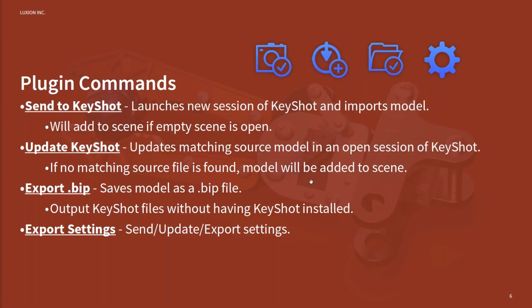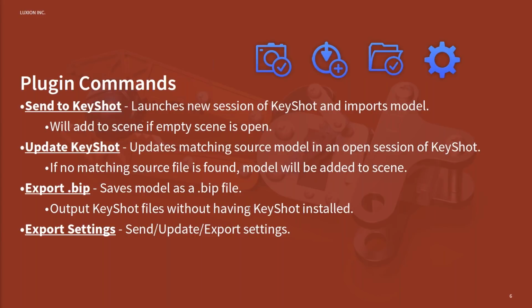The third option is Export a BIP, and this just saves the SOLIDWORKS model as a BIP file, which is the KeyShot native format. And this allows you to output KeyShot files without having KeyShot installed.